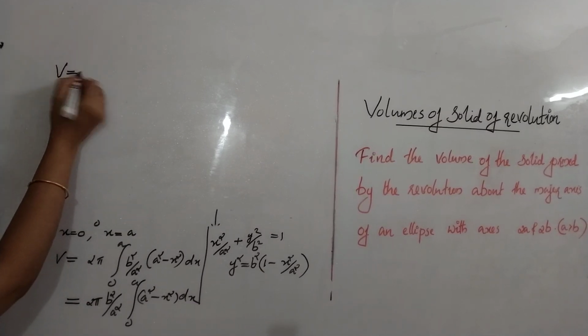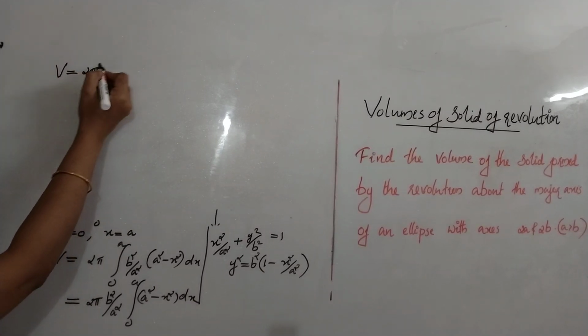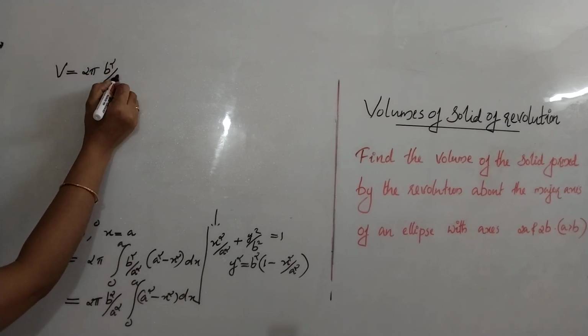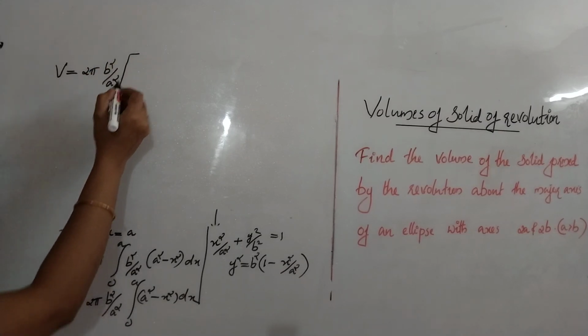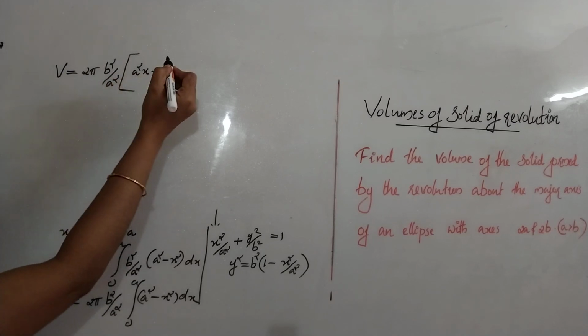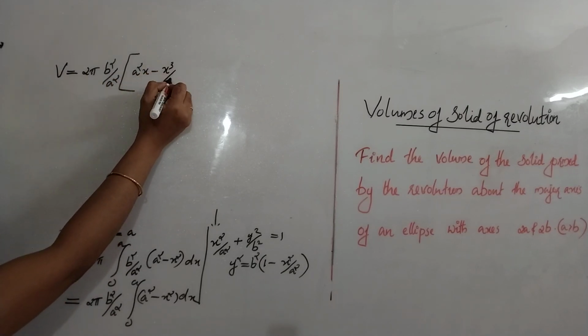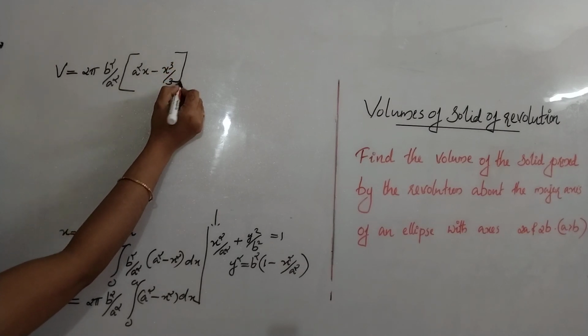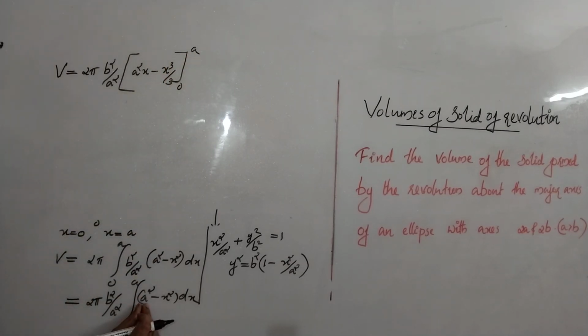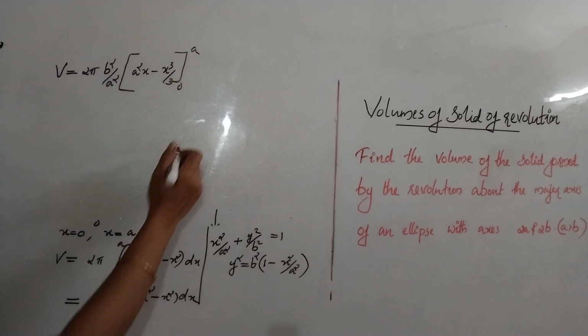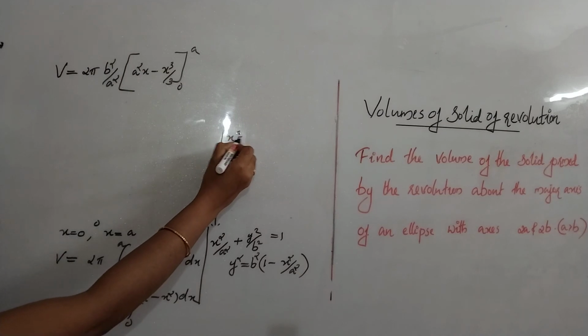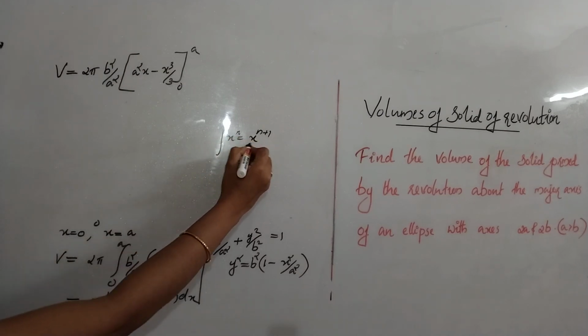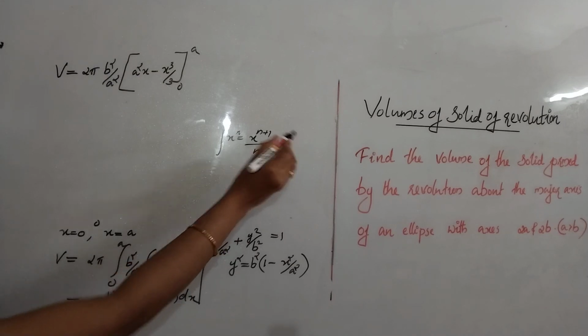Then we get the required volume: 2 pi into b square divided by a square into a square x minus x cube by 3, limits from 0 to a. Integral a square dx is a square into x, minus integral x square dx is x cube by 3. Integral x raised to n is x raised to n plus 1 divided by n plus 1 plus a constant c.